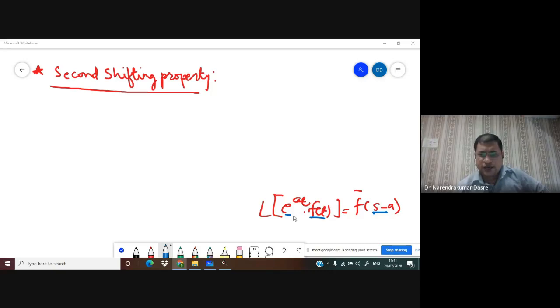Here e raised to at is called the carrier signal, and f of t is the original signal. If I transmit this original signal with the carrier signal, then the frequency signal can be found at the frequency s minus a, where a is the carrier parameter. That is how the first shifting property works.